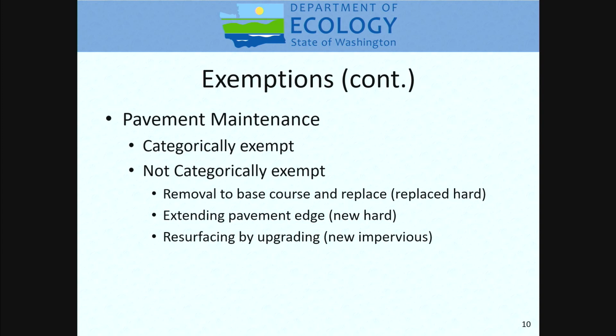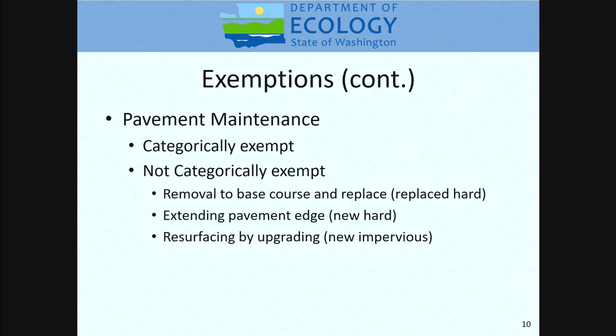If you extend the pavement edge, so you go across the shoulder, you're taking the pavement, moving across the shoulder, that's now new impervious surface that you're putting across the shoulder. If you don't do anything to the existing pavement, that's existing pavement and you don't really have to do anything to that. And then if you have a dirt road and you put pavement on that, there's specific identifications of different types of steps you're doing.